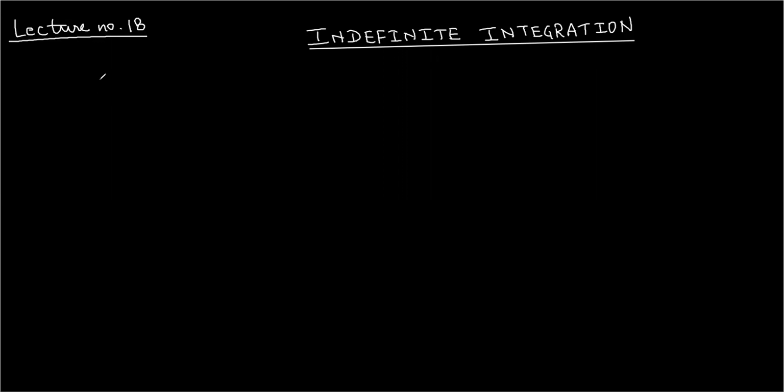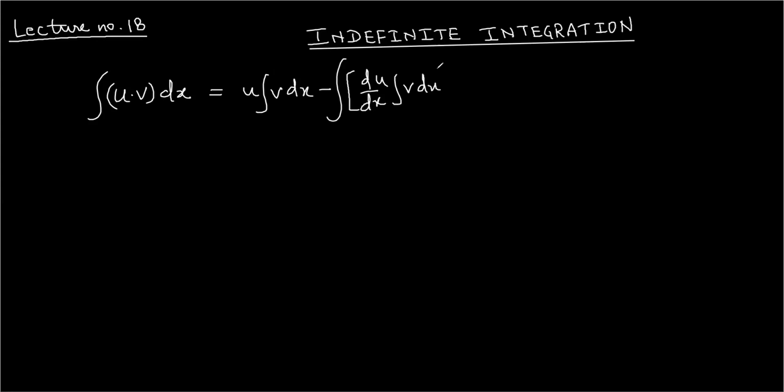And what was that? If we have two functions, u and v, integrable functions of x, and we have to integrate the product of these two functions, we write it as u into v, then the integration of uv dx will be u integral v dx minus the integral of d by dx of u times the integral of v dx, dx.